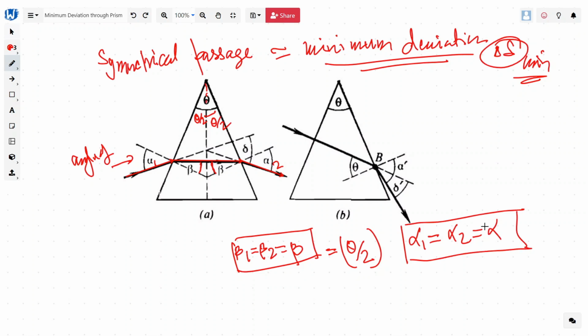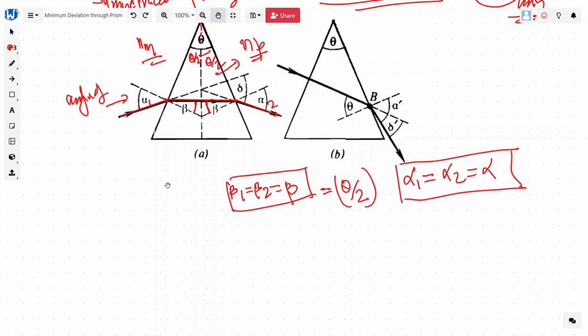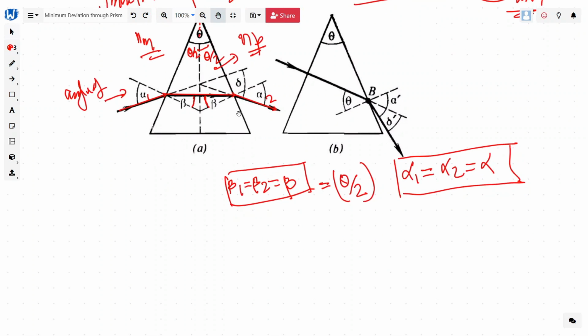Okay, now assume that this prism is immersed in a medium with refractive index Nm and the refractive index of the prism is Np. Okay, so we can write Snell's law. Here the ray of light is coming, then it is getting deviated, and this is the minimum deviation, right?